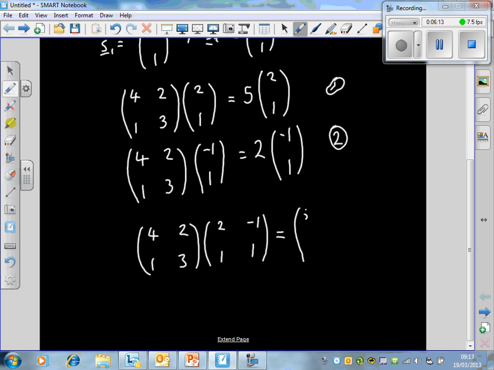So that would be 2, minus 1, 1, 1, and 5, 0, 2, 0. We get 2 times 5, 10, plus minus 1 times 0, still 10. Good. This element is 5 times 1 is 5 plus 0 is 5. Good. 2 times minus 1 times 2 is minus 2. Good. 0 plus 1 times 2 is 2, as it applies. Okay, so I got them the wrong way around.